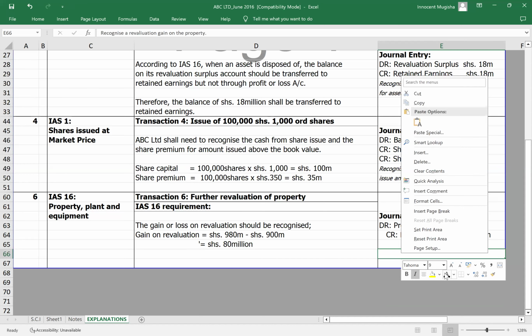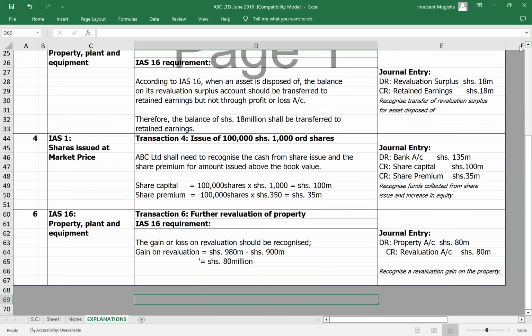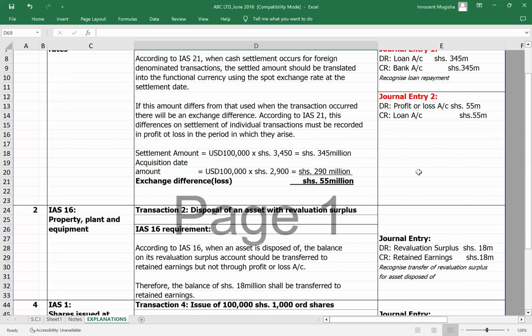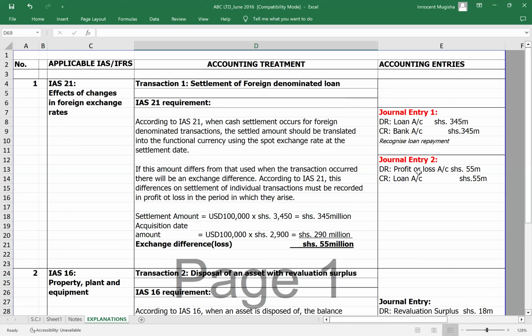And this is to recognize a revaluation gain on our property. So here at this point, you know you have handled all the additional information.